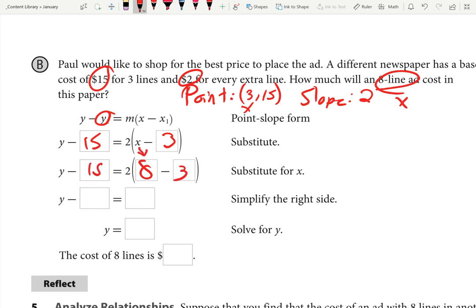When I simplify, I'm going to do the parentheses first. So 8 minus 3 makes 5. So this becomes 2 times 5, and 2 times 5 makes 10. So y minus 15 equals 10. And then if you add 15 to both sides, we end up with y is equal to 25. So 8 lines cost $25.